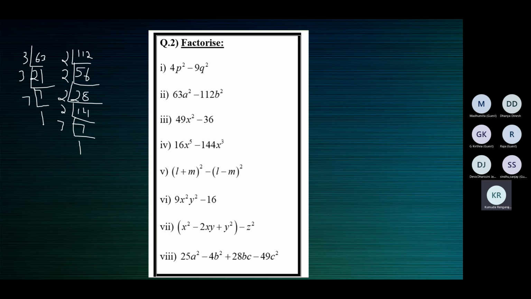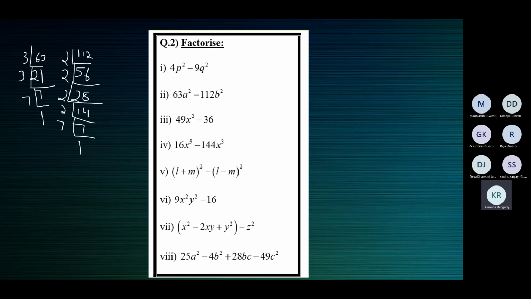What is the HCF? 7. 7 is the HCF of 63 and 112. For a square and b square, there's nothing common except 1. So leave that. For 63 and 112, 7 is common.